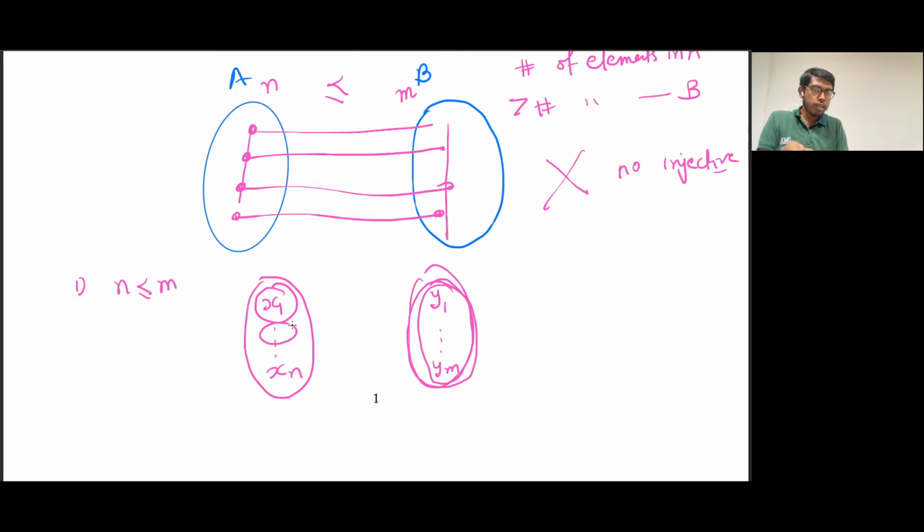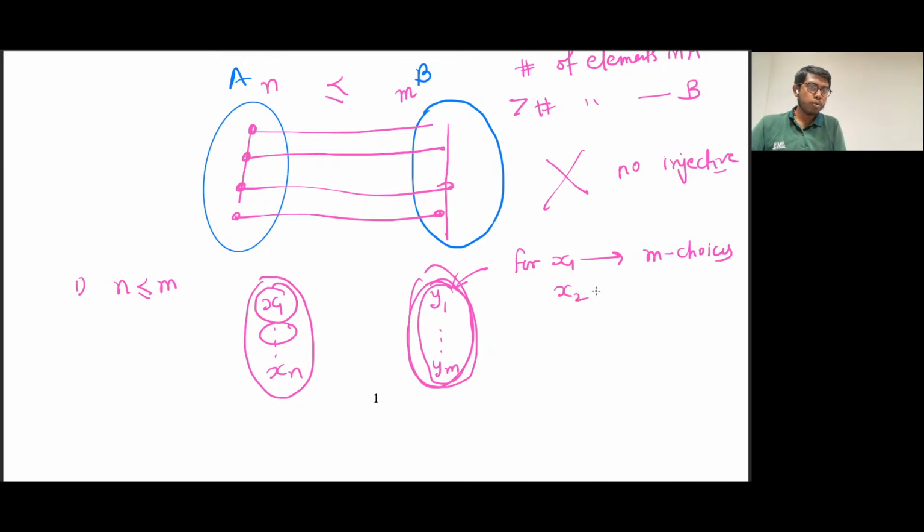But if I go to the next element, I have m minus 1 choices. Out of these m elements, I have to choose n elements to map to.